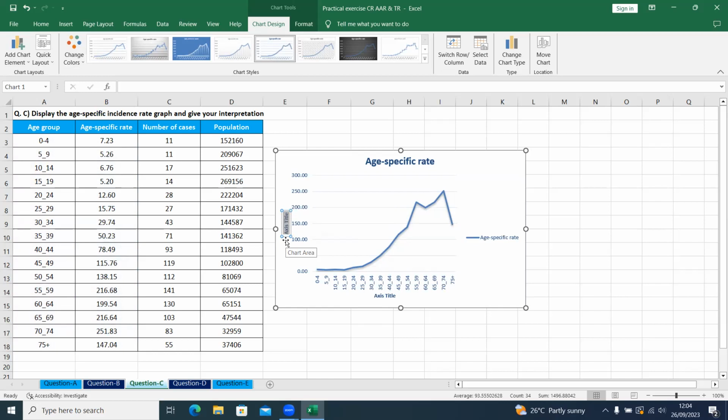So I will just mention age specific rate per 100,000 population. Now this axis indicates what? What should be the name of this axis? Afghanistan team, what should be the name of this axis?